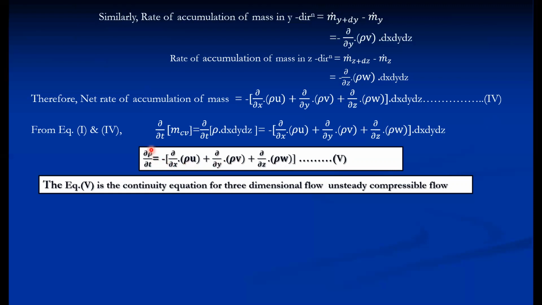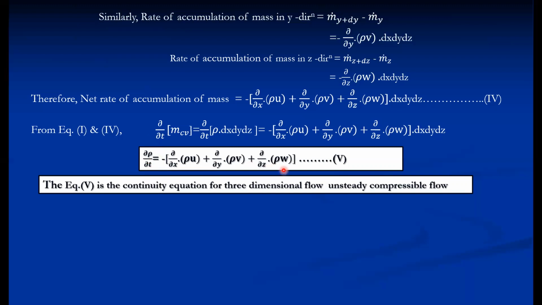And also, if density varies with respect to time as well, then it is called unsteady state. So equation number 4 can be applicable for three-dimensional flow because the fluid varies along three directions. It is for unsteady flow because the density varies with respect to time.